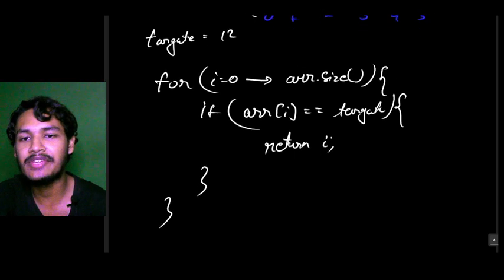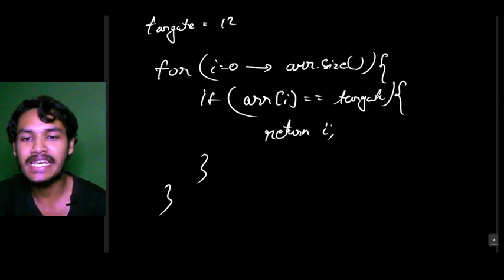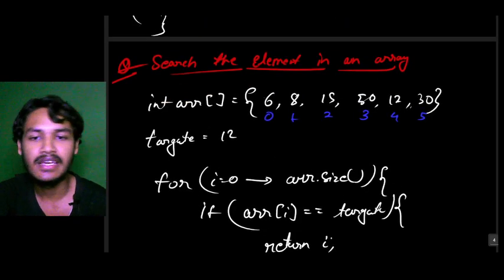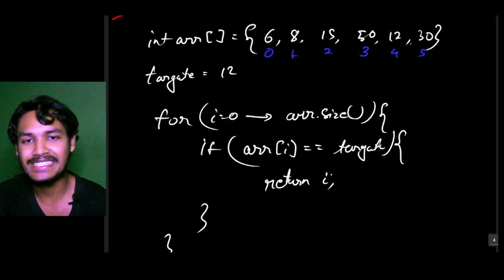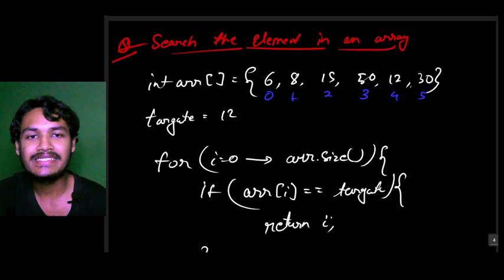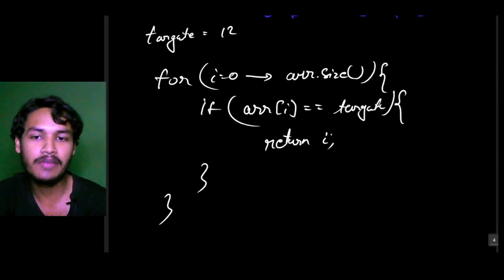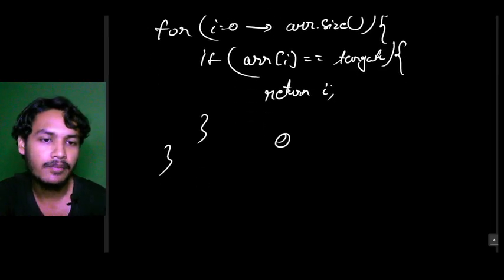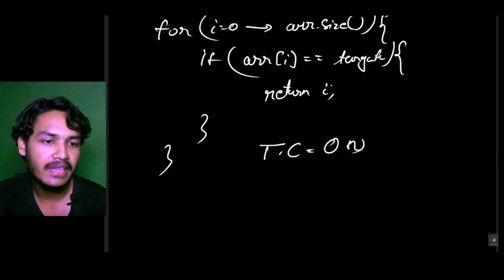So in this way you can search any element, and this is also known as linear search. So in this way you can search in an array. This is the linear search approach, and the time complexity will be big O of n, and the space complexity will be big O of 1.